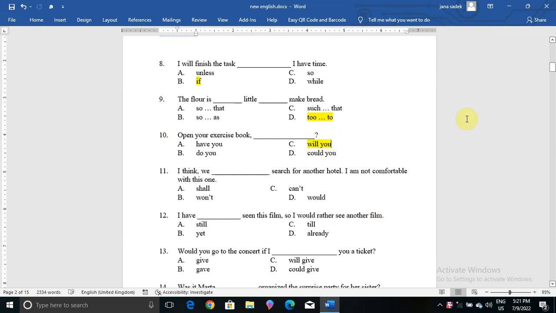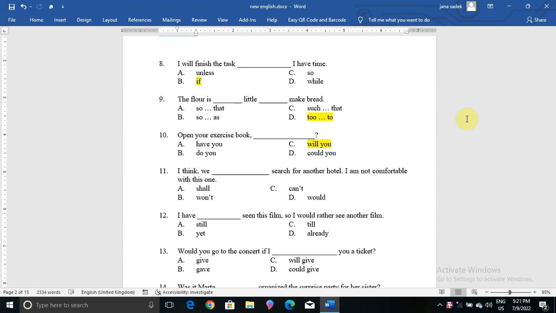Now question number 11 says, I think we dash search for another hotel. I am not comfortable with this one. Okay, he said that he is not comfortable in this hotel and he wants to search for another one. Now which word are we going to use? Shall, want, can't, or would?